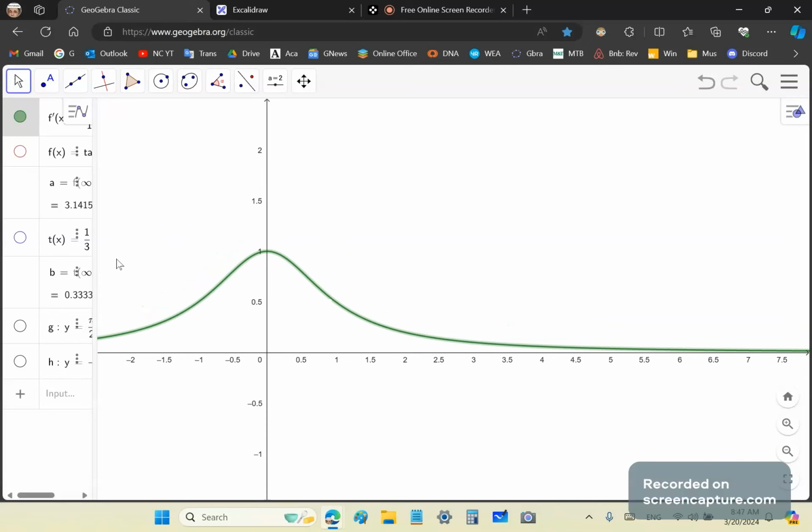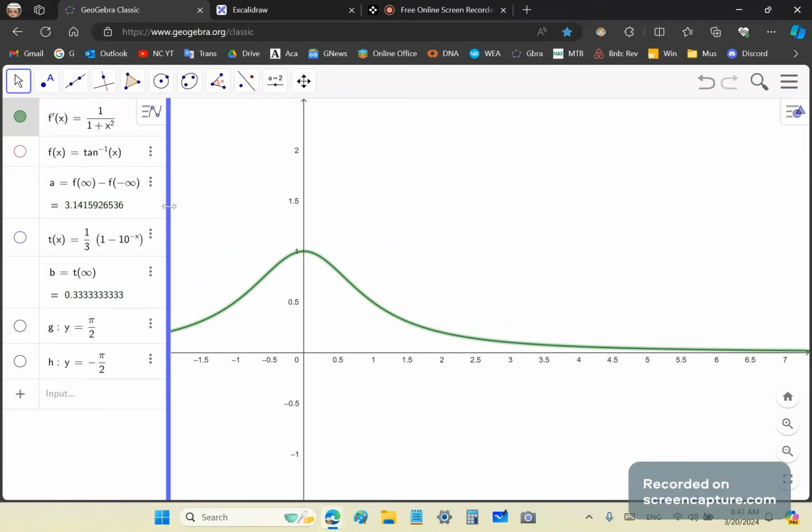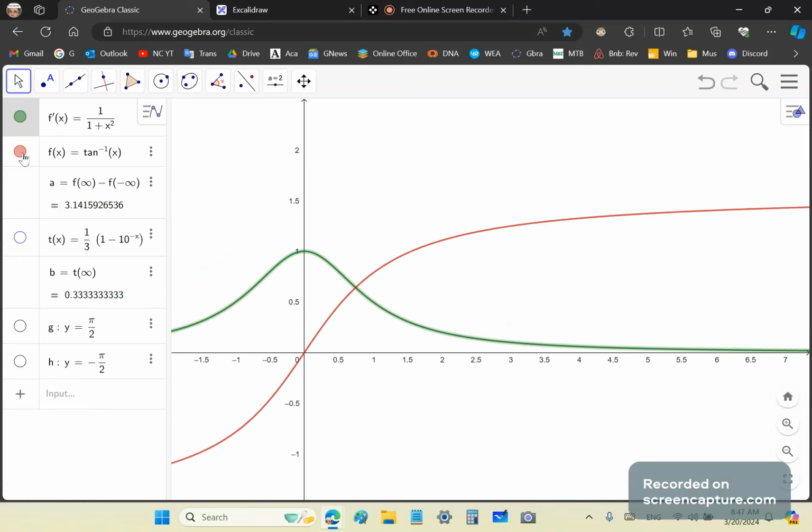Okay, so now popular packages such as GeoGebra will mislead you. Be careful. We know that the primitive of this function is the inverse tan function. If you put the integral in the function, you will see that it will calculate the area, supposedly the area under the curve being pi.